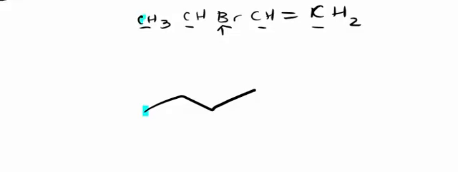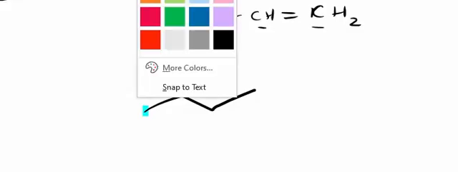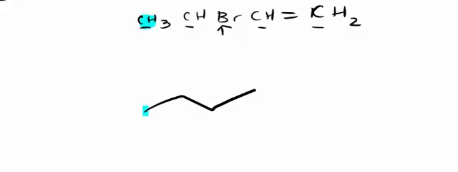Here I have my CH3. Then I have a CH, which is here. And again, that 1 hydrogen tells me that that's where my bromine lives. Then if I keep going, this carbon is here. And this carbon is here.